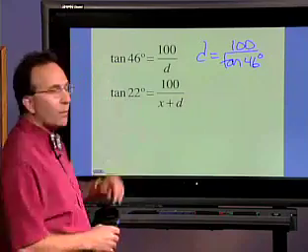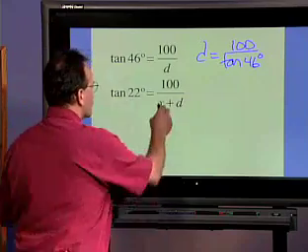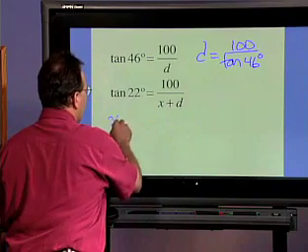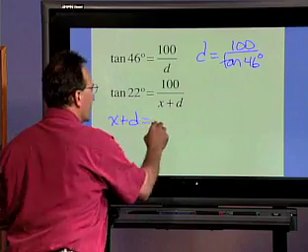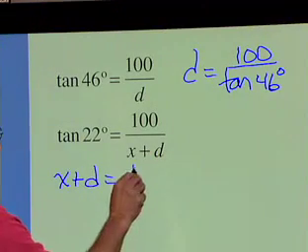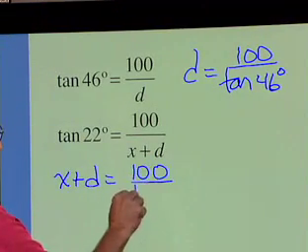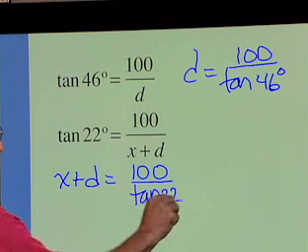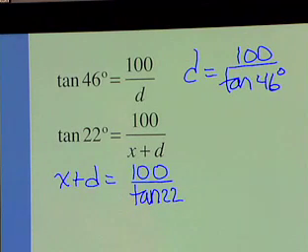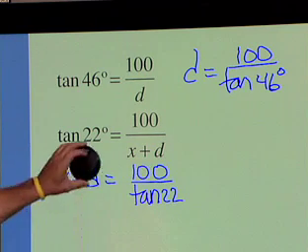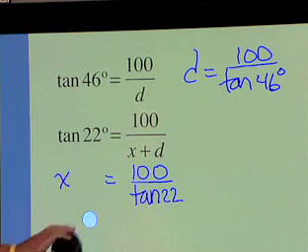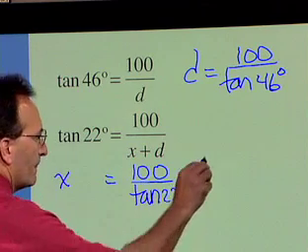Let's take the second equation and isolate x. So actually what I'll do is say that x plus d is going to be equal to 100 over the tangent of 22. And therefore, doing a simple manipulation here, I would subtract d from both sides, and I would get this equation.